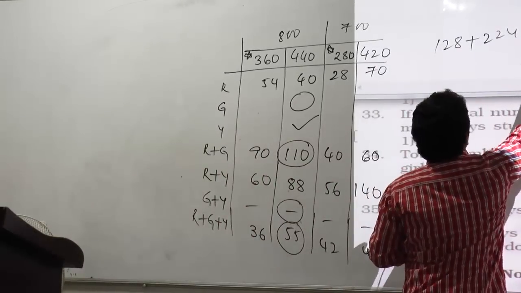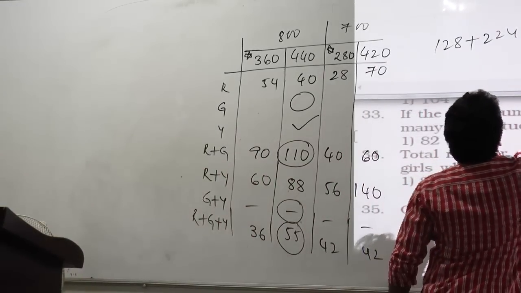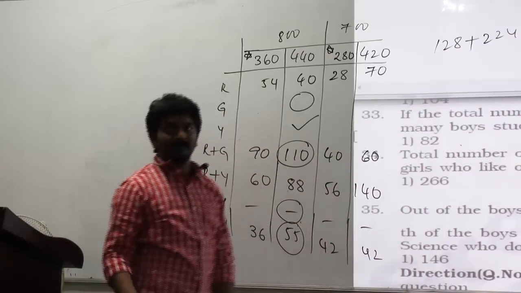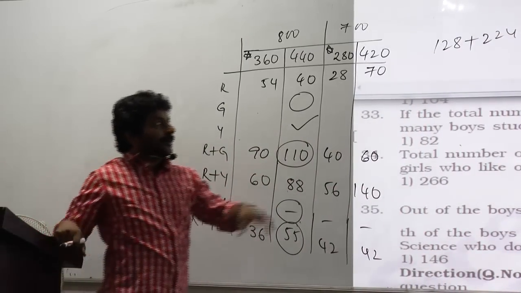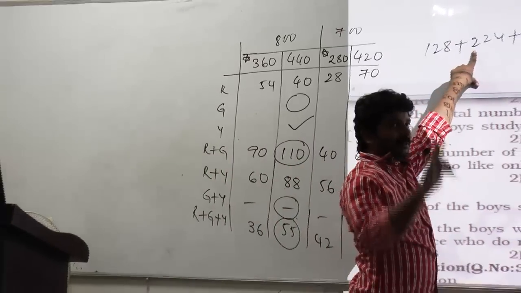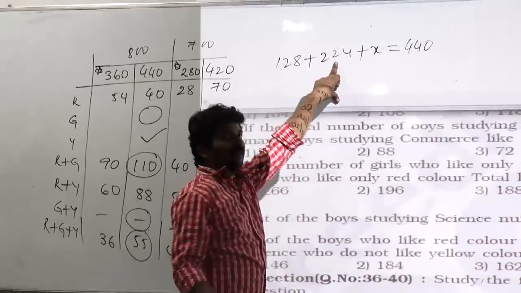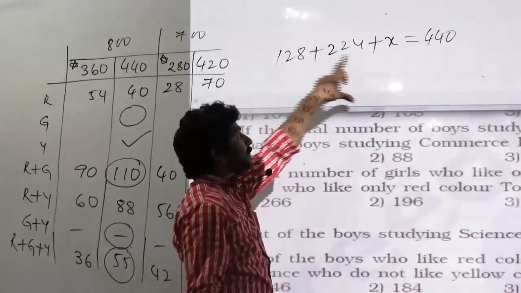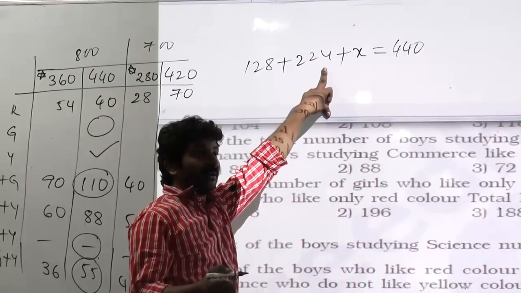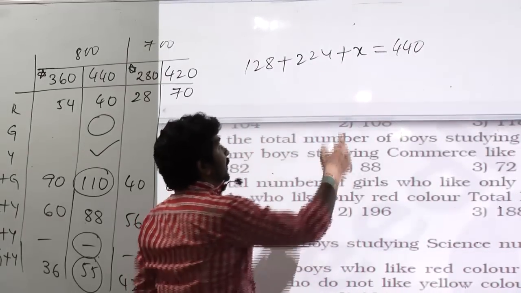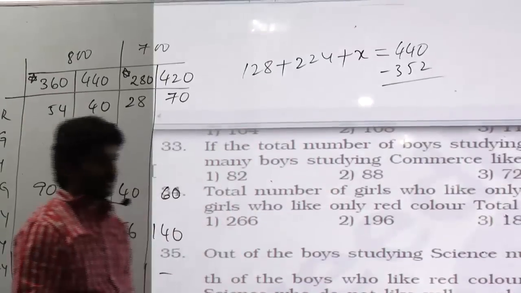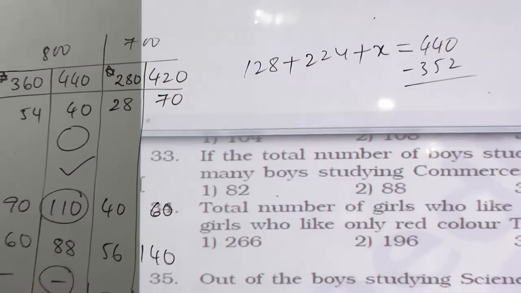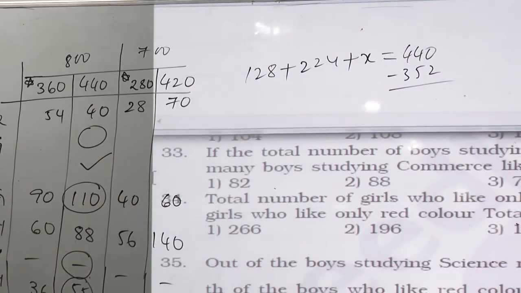Let it be X. When you add everything, that must be equal to 440. Is that clear? 100, 200, 300, 20, 20, 40, 340, 8 plus 4, 12, 340 plus 12, 352. And the X value will be the difference of these two numbers. How much is the difference? 88. So 88 boys who study commerce like only yellow color.